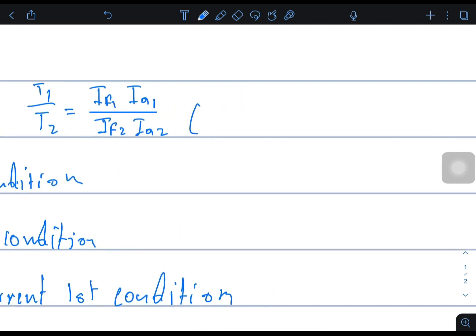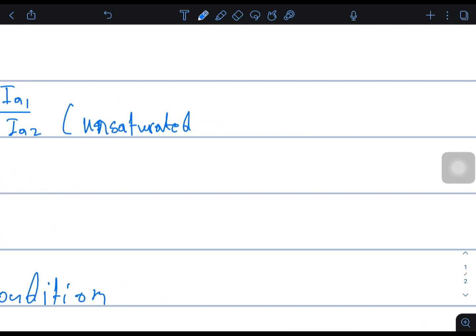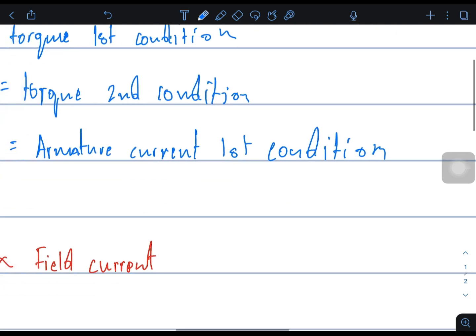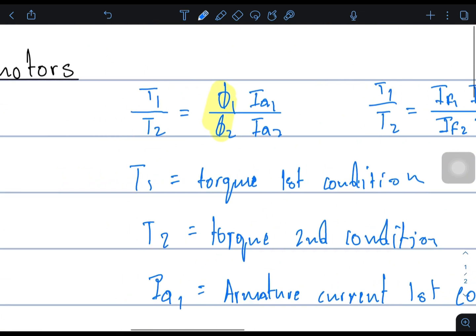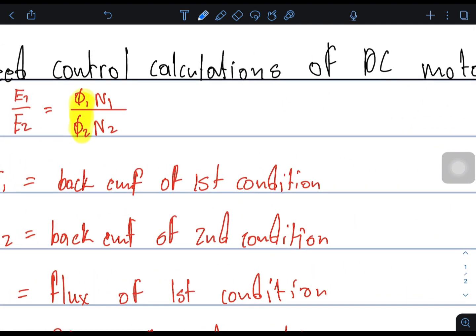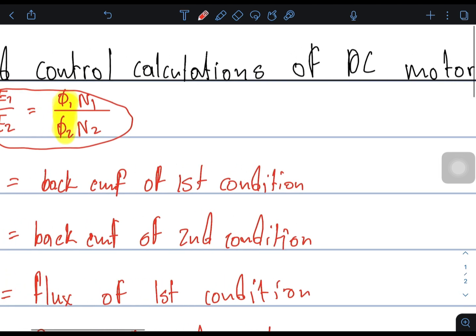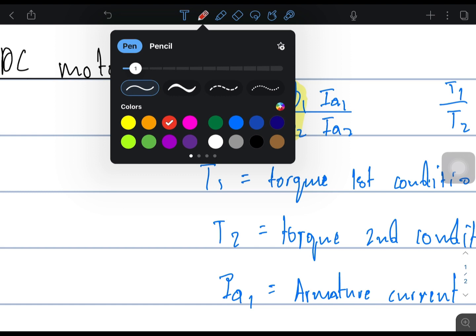This only applies when you are told that it is an unsaturated condition, the field is unsaturated, or if flux is directly proportional to a field current. Okay, those are the two equations that we'll be using extensively with calculations. The first one is EMF, then the second one is torque.